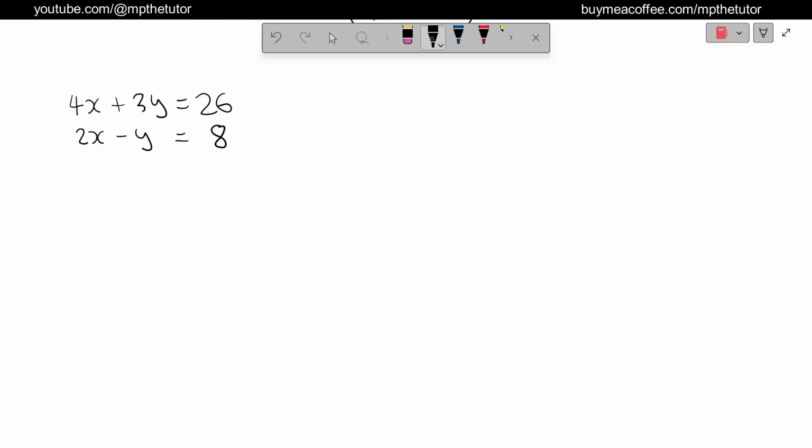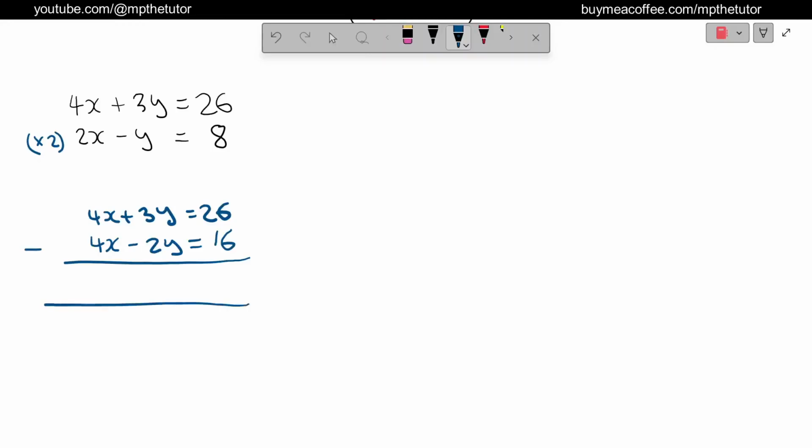So here we have 4x plus 3y is 26, and 2x minus y equals 8. Now what we can do here is we can just multiply the bottom one by 2, and that then gets our x's the same. So I'm just going to rewrite the top one, 4x plus 3y equals 26, but then I'm just going to multiply the bottom by 2 to get my 4x minus 2y equals 16.